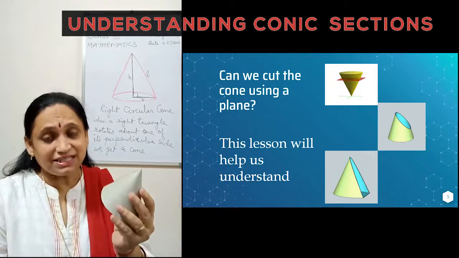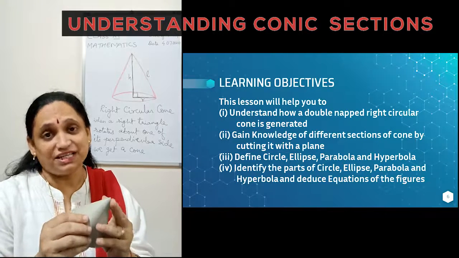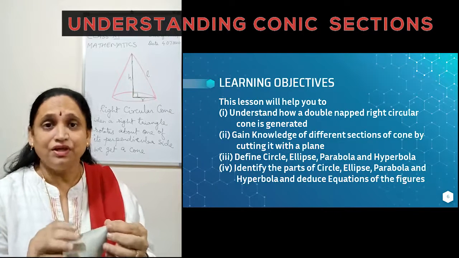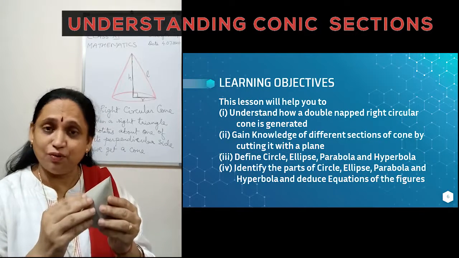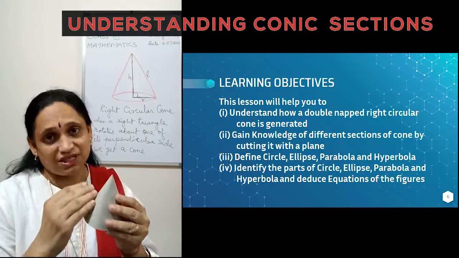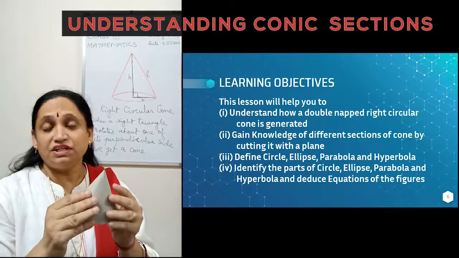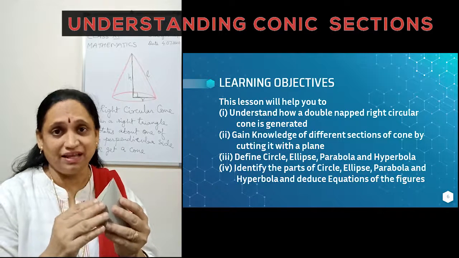Now, in this lesson, you will be able to understand what a double napped cone is. You will be able to find out the different cross sections of the cone. What happens to the cone if we cut it using a plane? What are the different shapes that we get when we cut the cone using a plane?